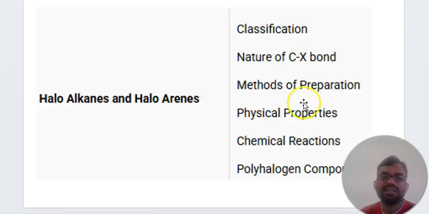And the next one is haloalkanes and haloarenes: classification, nature of the carbon-halogen bond, methods of preparation, physical and chemical properties, polyhalogen compounds.